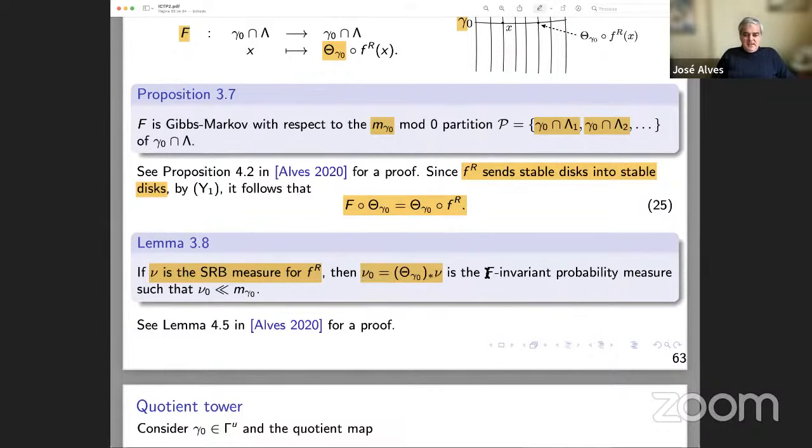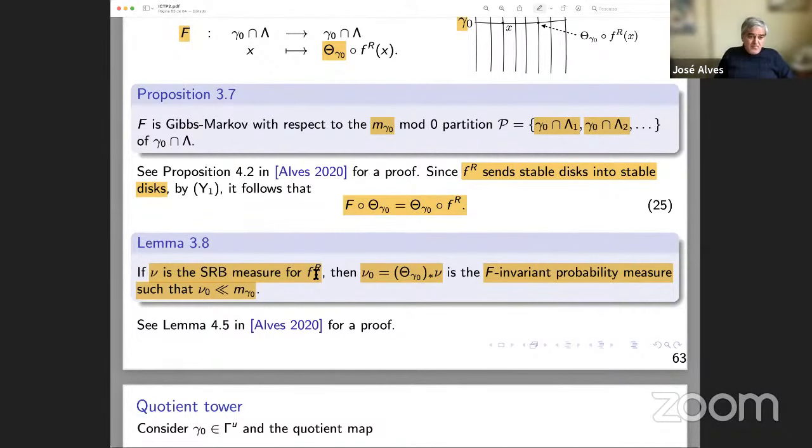See that since F is a Gibbs Markov map, by the results we have seen in the last days, it has a unique invariant probability measure which is absolutely continuous with respect to the reference measure, which is Lebesgue here. And that is precisely the push forward under this projection of the SRB measure for the return map. So we have this very good relation between the measures that we construct using different methods.